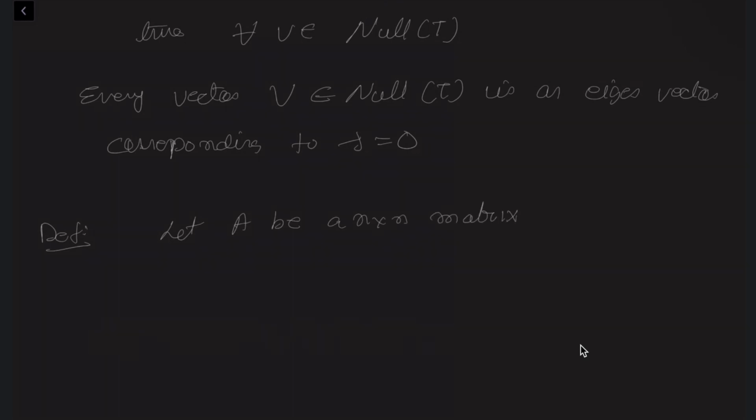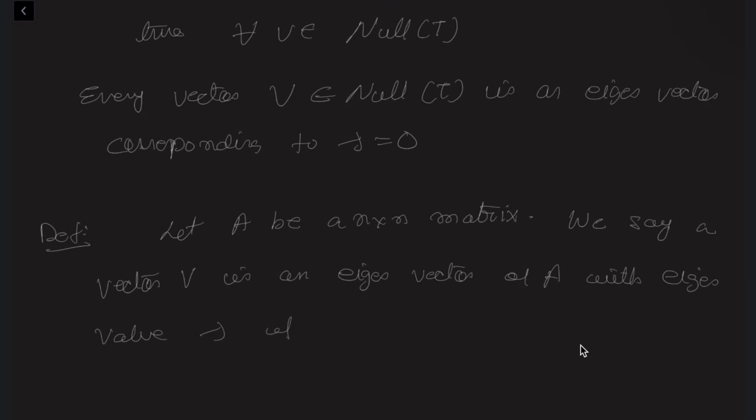This is something that you already know, right? So we say a vector v is an eigenvector of A with eigenvalue lambda if v is an eigenvector of the linear transformation.